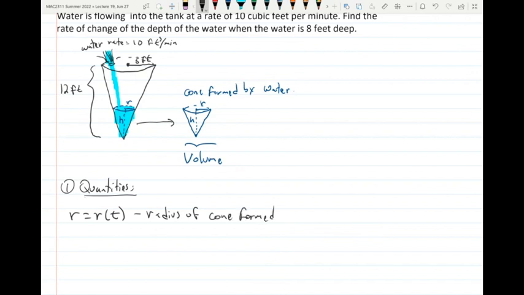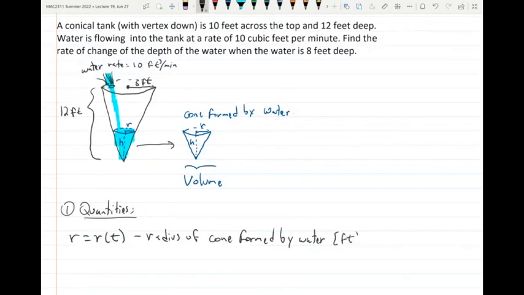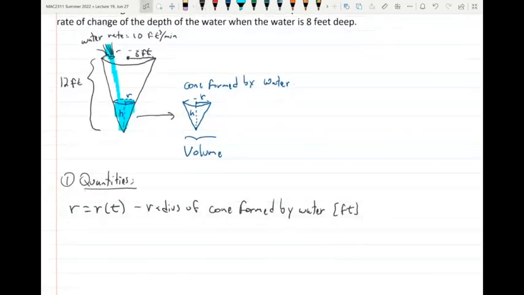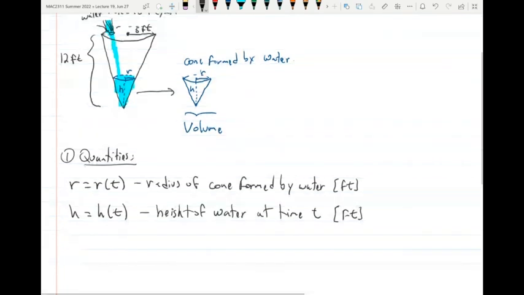It's important: not the tank, but the one formed by water. Okay, and it appears that we're using feet here. Next, we have H, which is also a function of time. This is the height of the water at time t, once again measured in feet.